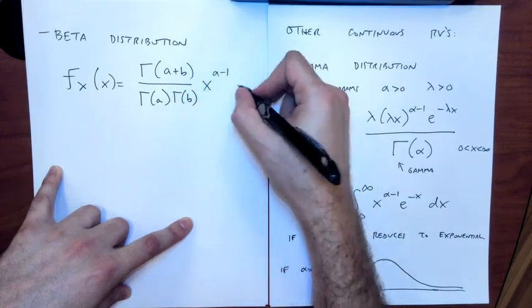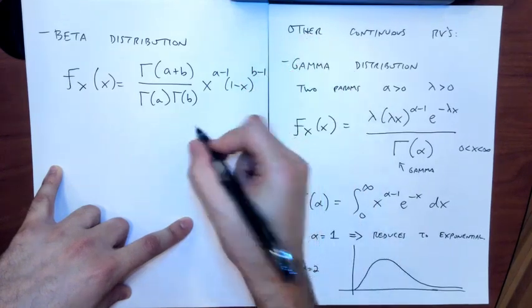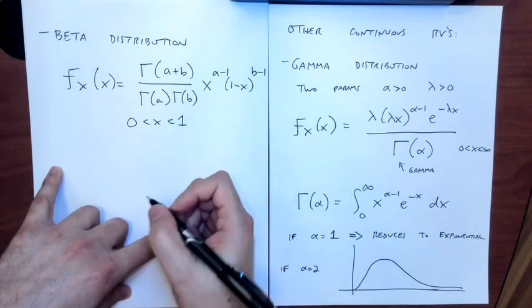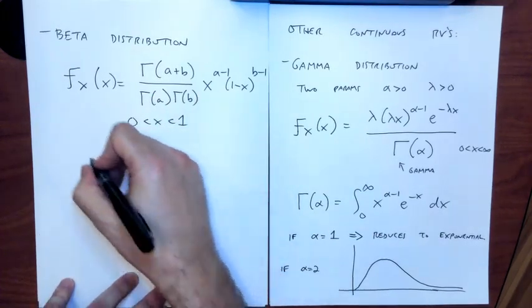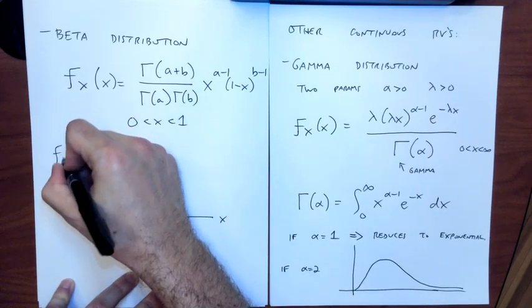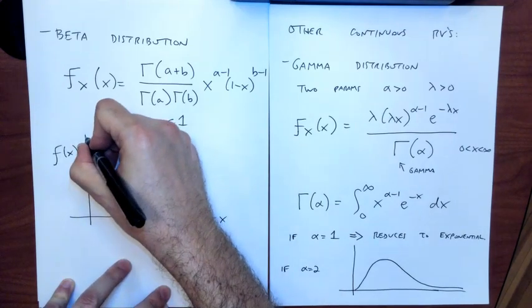Here this depends on two numbers, a and b. And this is only defined in the range between 0 and 1. In terms of the shape of the distribution I can make, between 0 and 1, I could get something that looks kind of like this, which is nice.